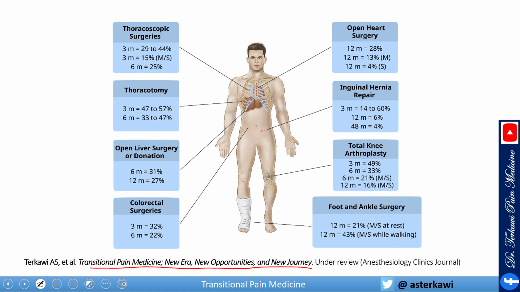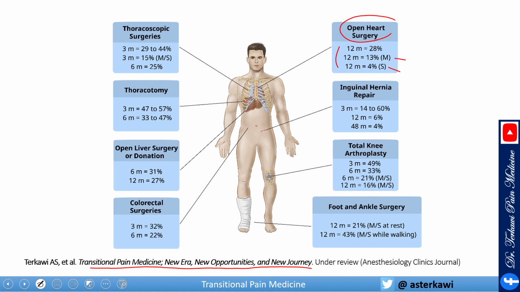Starting with open heart surgery, we didn't find data at 3 months or 6 months, but we found data at 12 months. At 12 months, we have 28%. 13% were moderate pain and 4% severe.